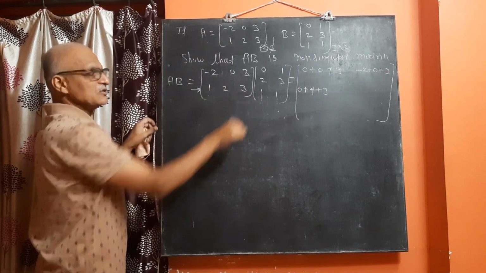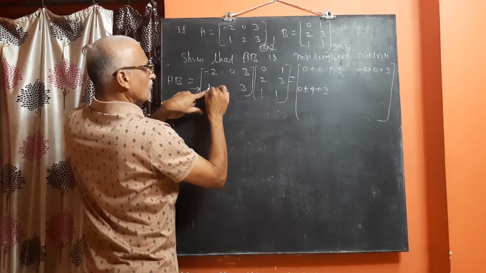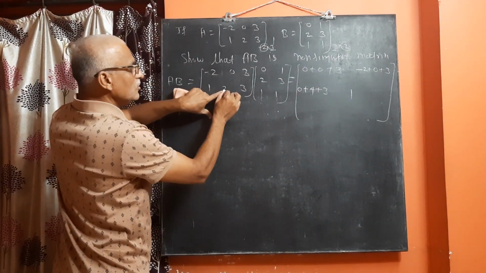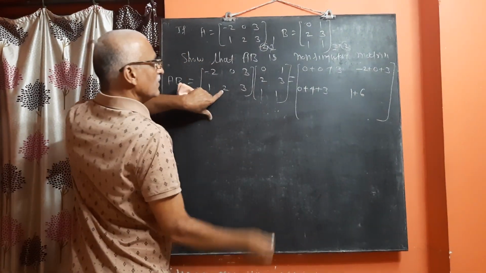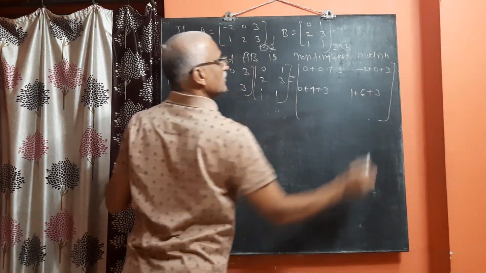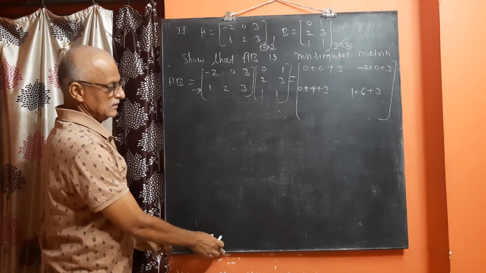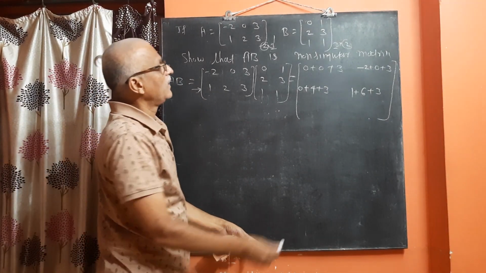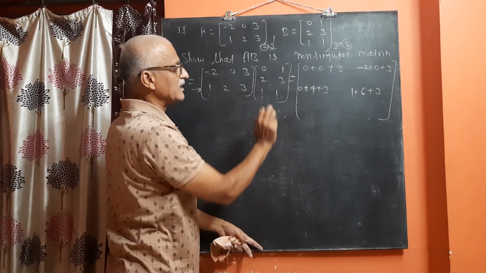So that is first row, first column. Then comes first row, second column: 1 into 1, 1; 2 into 3, 6; 3 into 1, plus 3. So this is the multiplication of the second row with the first column and second column.